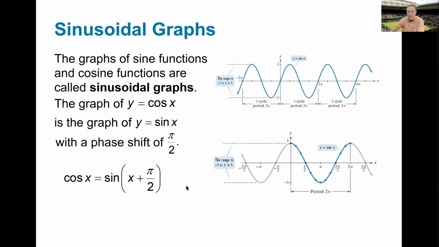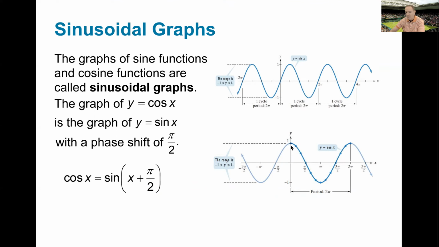Now, sinusoidal graphs, I was saying both the sine and the cosine are sinusoidal graphs. I think it's also important for you to see, we know that the sine function starts off at the point 0, 0, and it's going to go up to the point pi over 2, 1, and then pi, 0, 3 pi over 2, -1, 2 pi, 0.